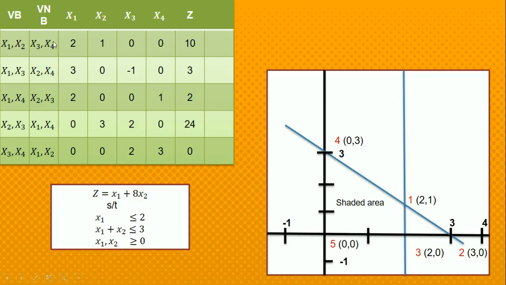Again, we can list all the points: first 2 and 1, second 3 and 0, third 2 and 0, fourth 0 and 3, and the last is 0 and 0. Sorry, this is x1, this is x2.